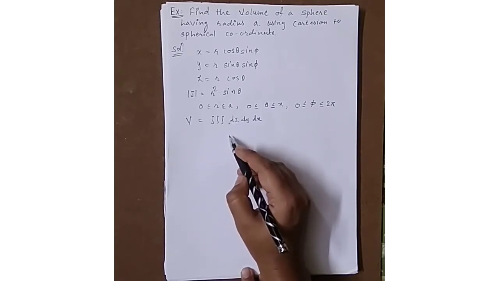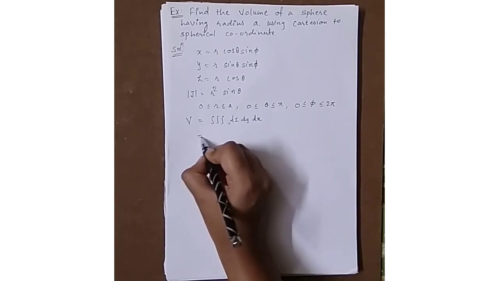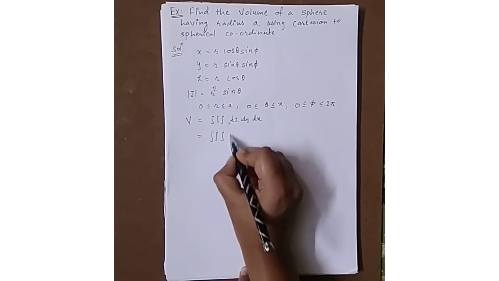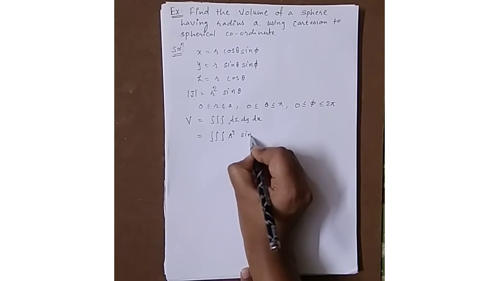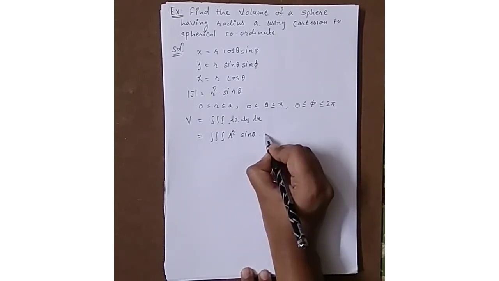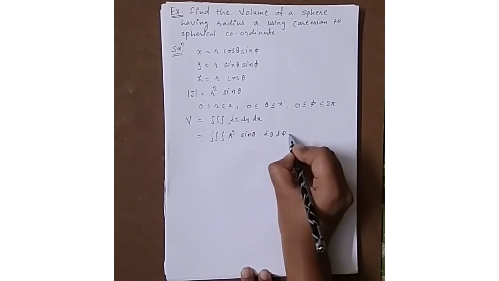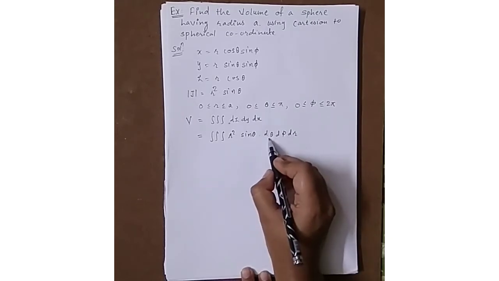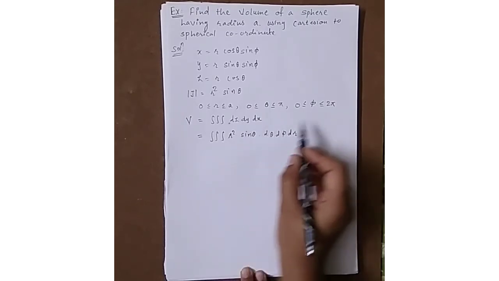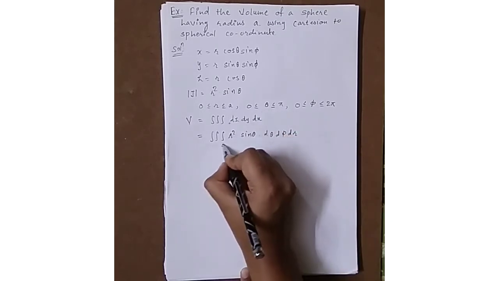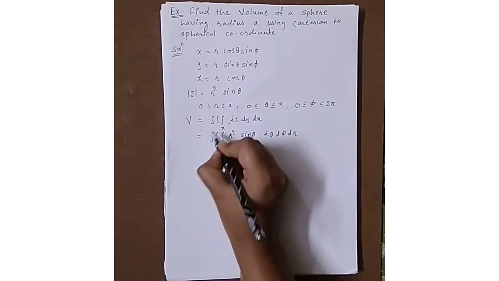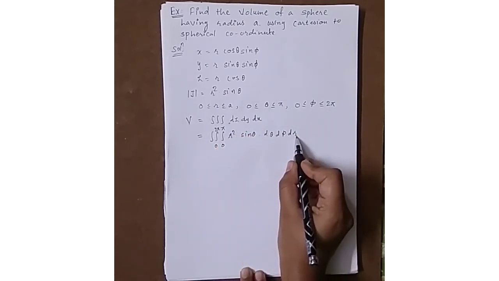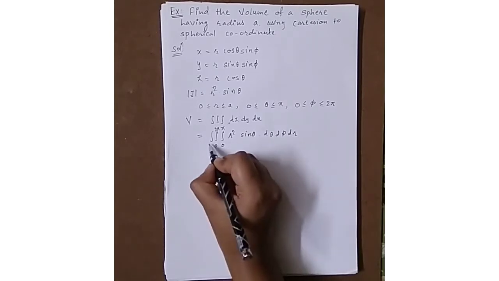So this triple integration becomes the absolute value of the Jacobian, that is r square into sin theta, into d theta, d phi and dr. First we put the limits: theta is between 0 to pi, next phi is between 0 to 2 pi, and r is between 0 to a.